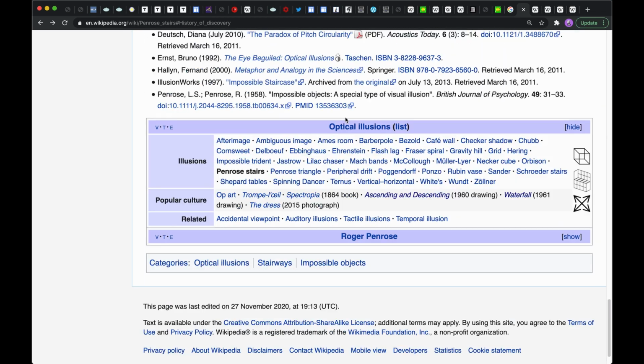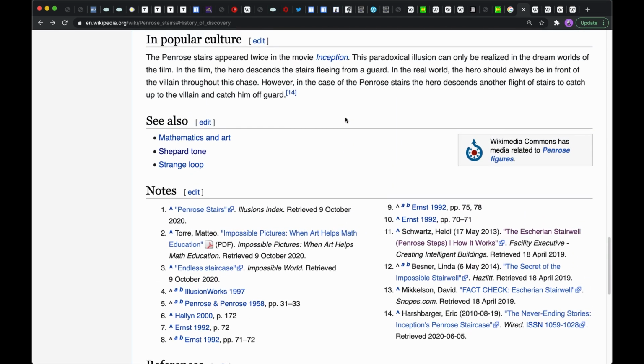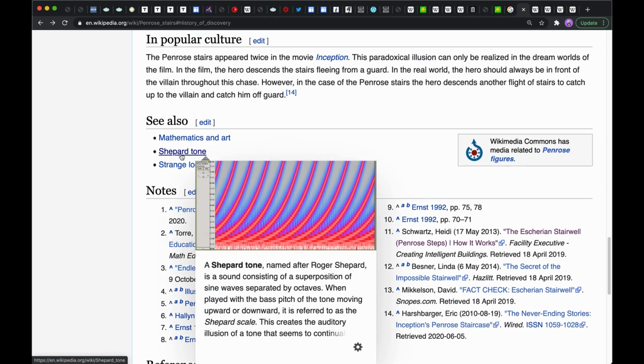Yeah, and also you can see that we have something similar in music called Shepard Tone. It's a tone which always seems to our ear to be moving upward or downward, and it's also really interesting. You can listen to that on YouTube somewhere.